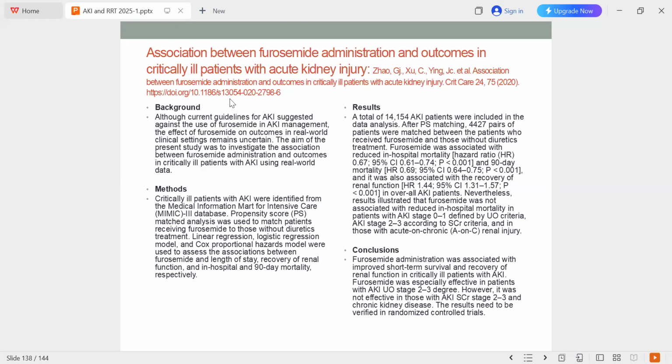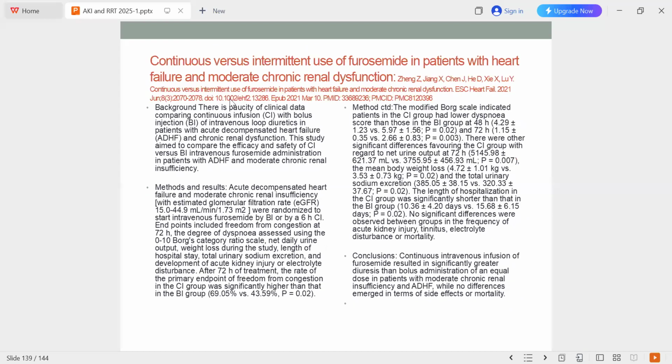It was also said that furosemide was especially effective in patients with AKI stage 2 to 3 degree. However, it was not effective in those with AKI with serum creatinine stage 2 to 3 and chronic disease patient. Okay, so this is the study that looked at the use of furosemide in patients with AKI in the ICU.